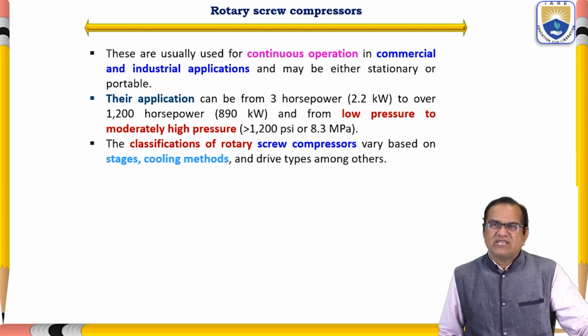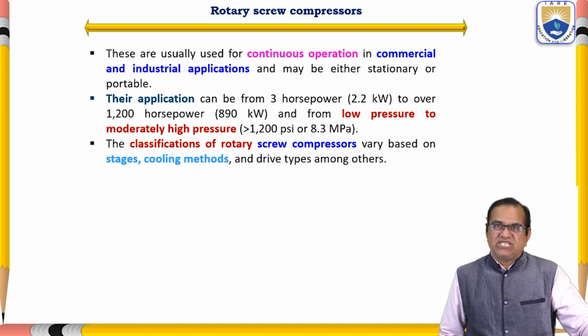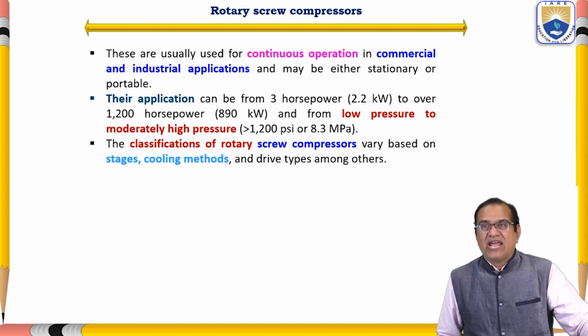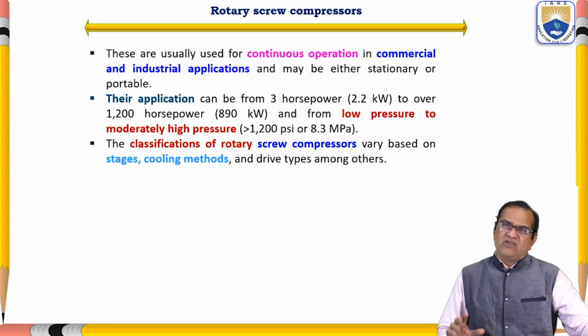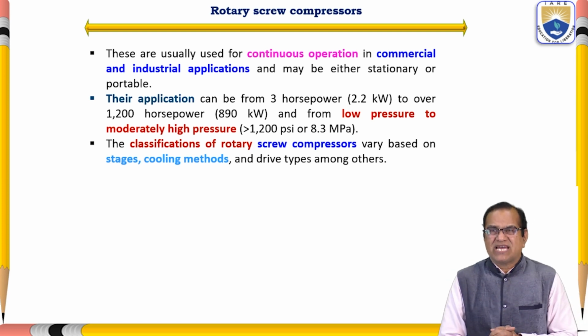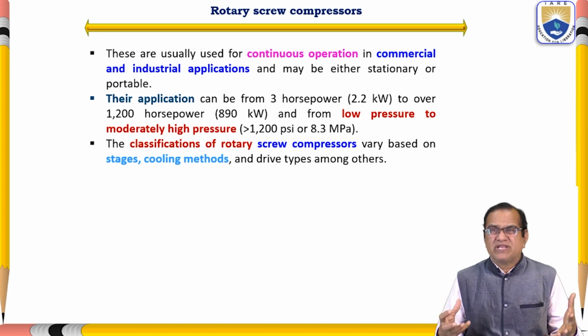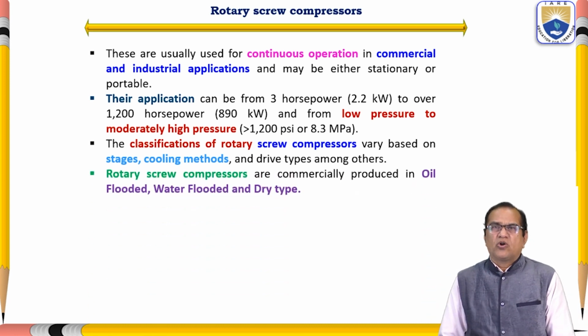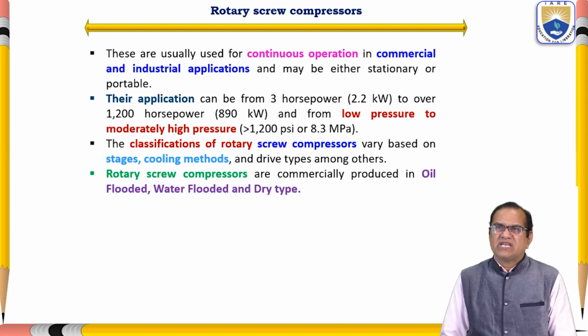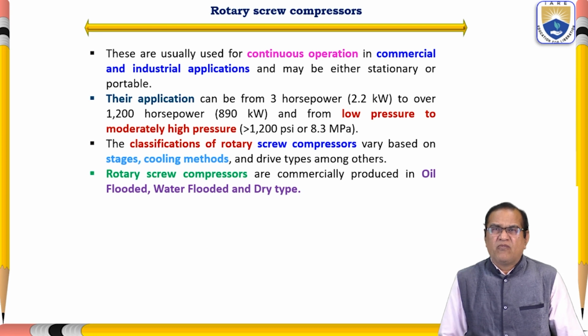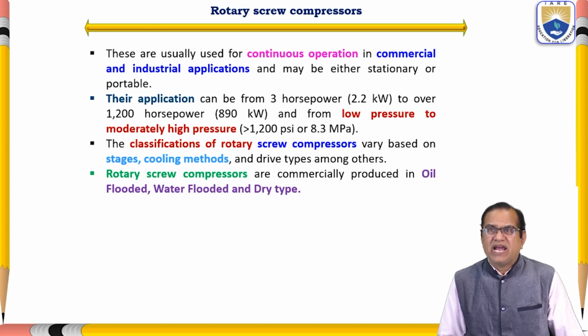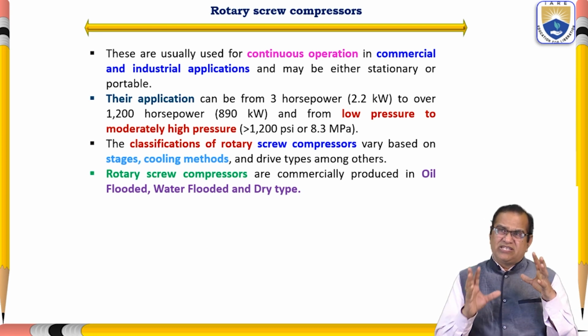The classification of rotary screw compressors varies based on the stages, cooling methods, and drive types, among others. So here there are different types of screw compressors, and we can classify them by their number of stages and cooling methods. Rotary screw compressors are commercially produced in oil flooded, water flooded, and dry types. So there are three types.